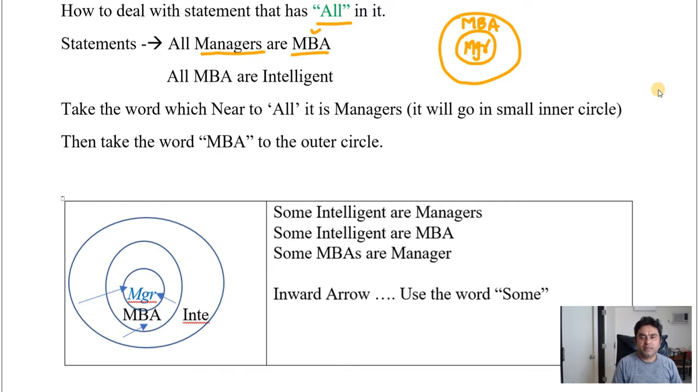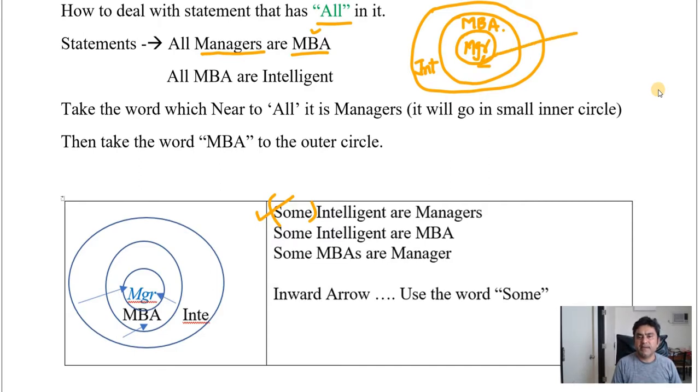Now, all MBA are intelligent. MBA is the smaller circle and intelligent is yet a bigger circle, so I am writing intelligent. Now these are the conclusions given. Some intelligent are manager. Remember, the word some is coming, so you draw an inward arrow and check.